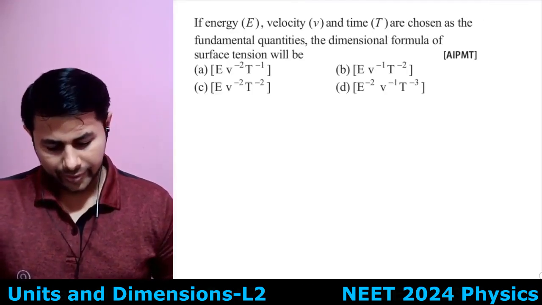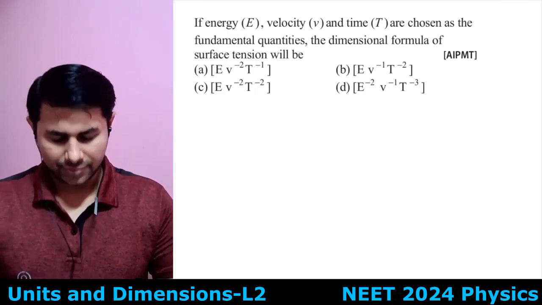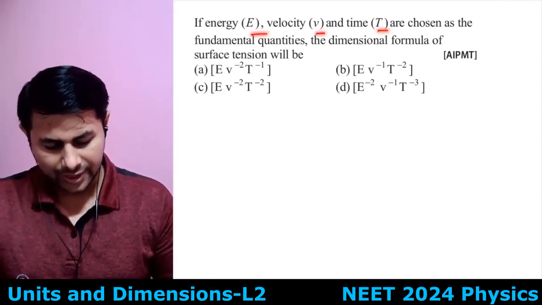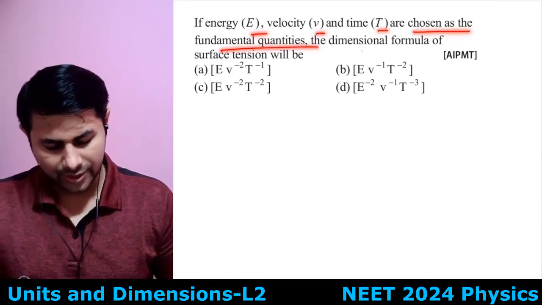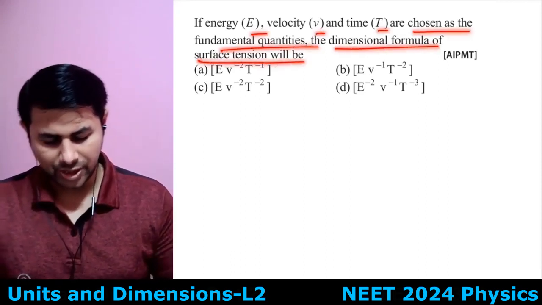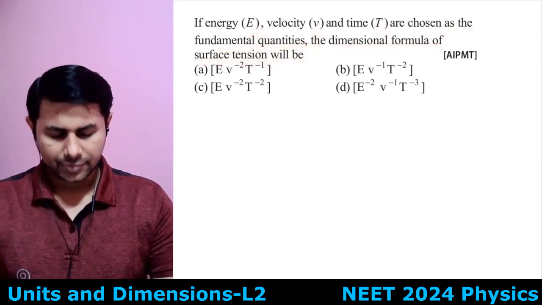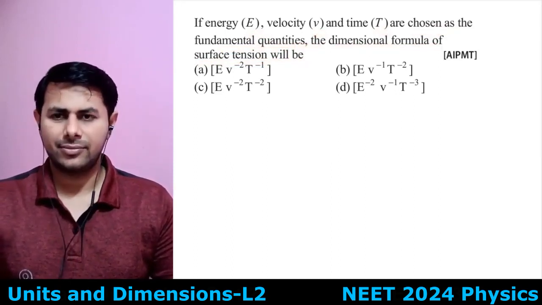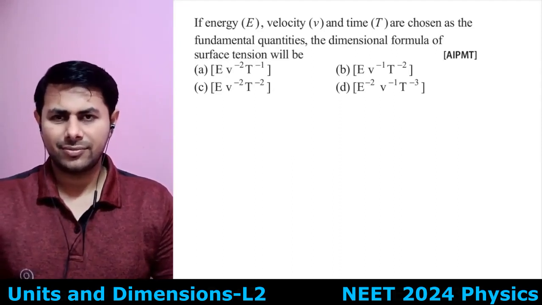So the next question is, the energy, velocity and time are chosen as fundamental quantities. The dimensional formula for surface tension will be? So first of all, what is surface tension?